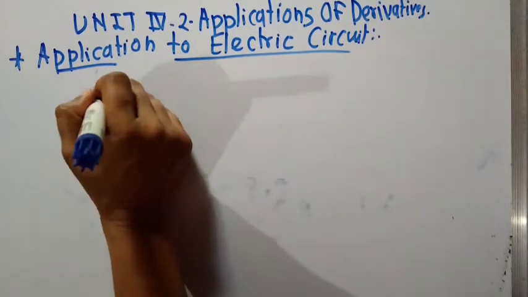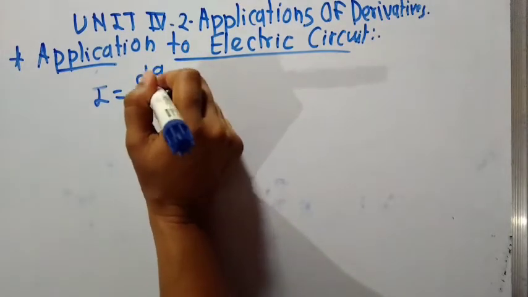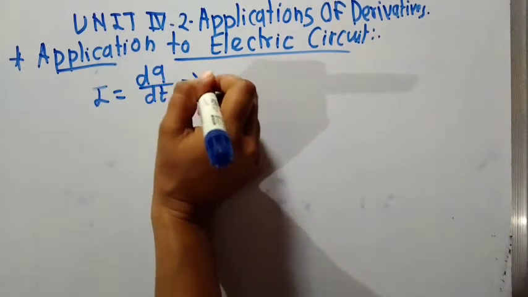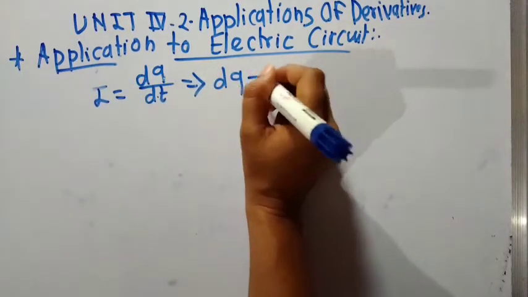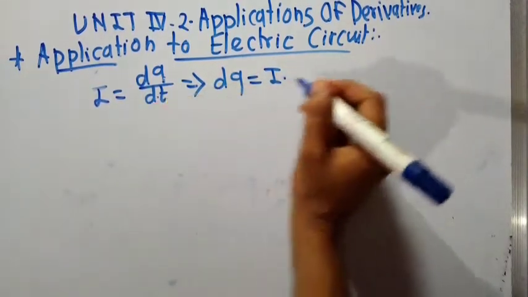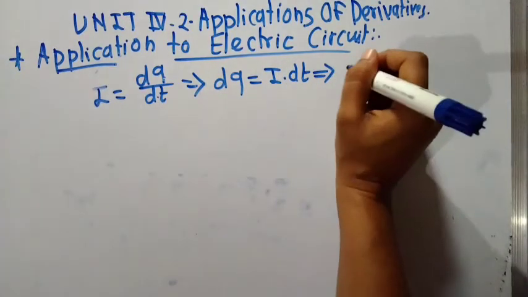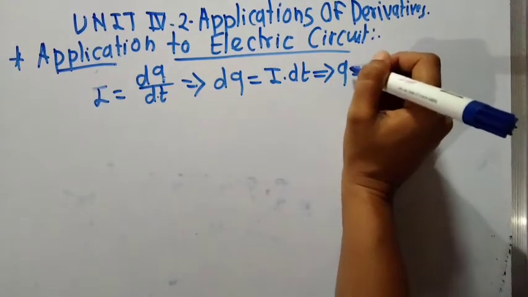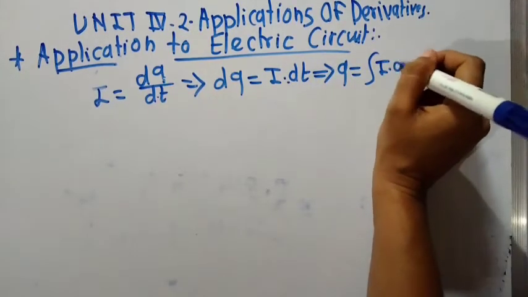Here I is equal to dq by dt, which means dq is equal to I into dt, so q is equal to the integration of I into dt.